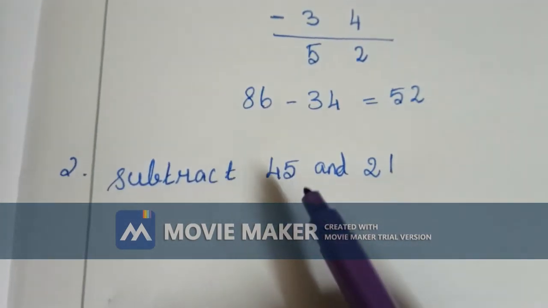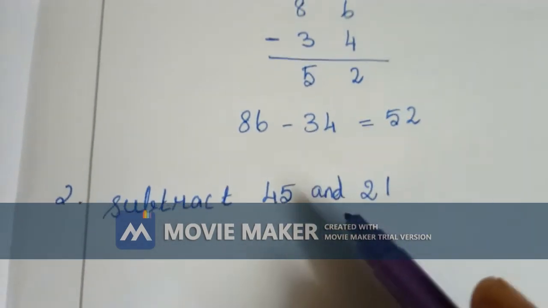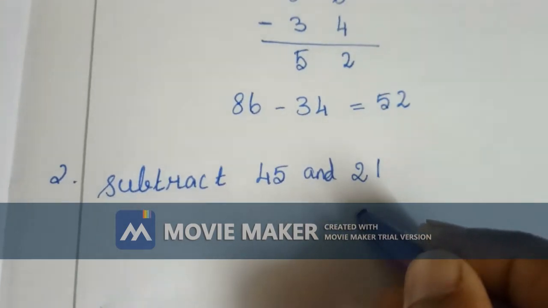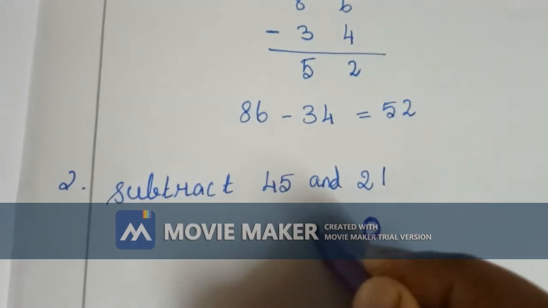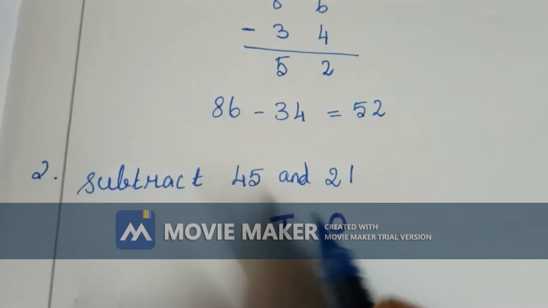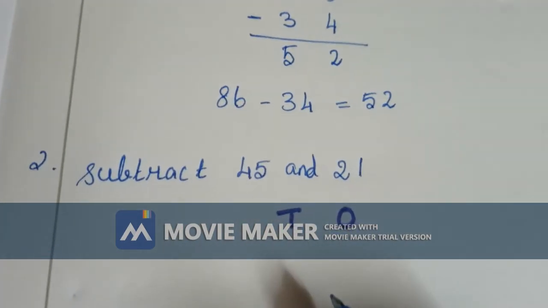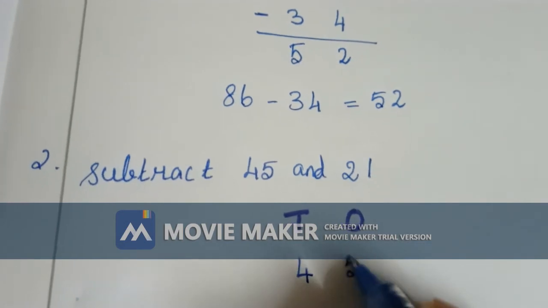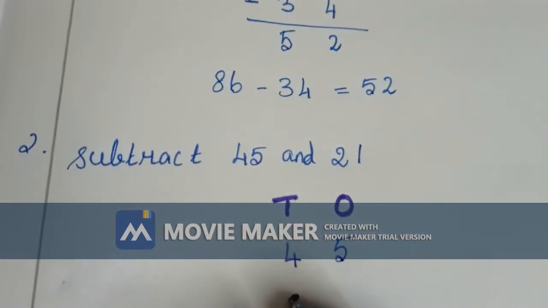Yes, you have to write the place value box. These two numbers are 2-digit numbers, so the place values are ones and tens. Now the next step, you have to write the numbers one below the other according to their place value. The first number is 45 and the second number is 21.